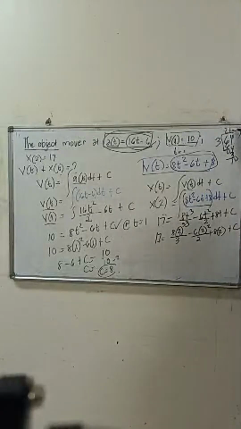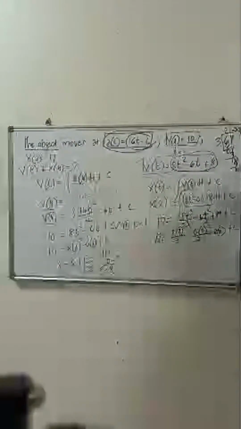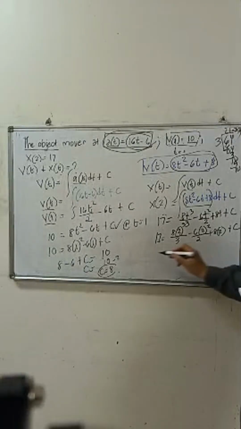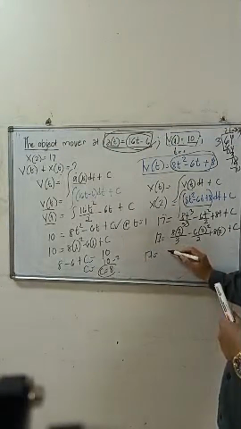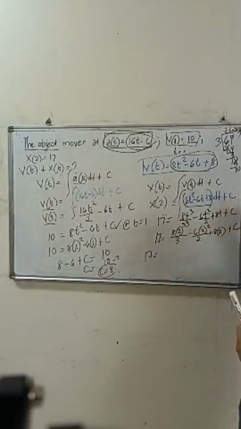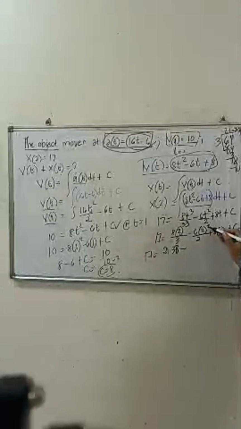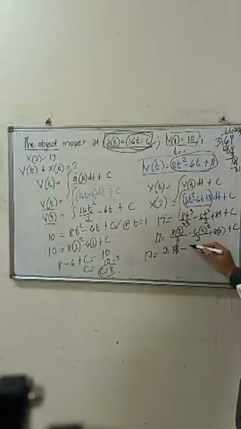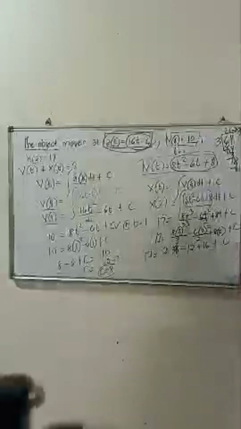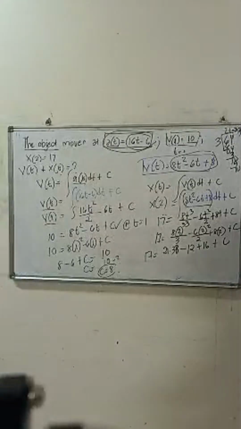This is a non-terminating repeating number, 21.33. So 17 equals 21.33, then minus 2 times 2, 4, 4 times 6, 24, 24 divided by 2, 12. Plus 16 plus c. Let's use a calculator because there's a decimal.